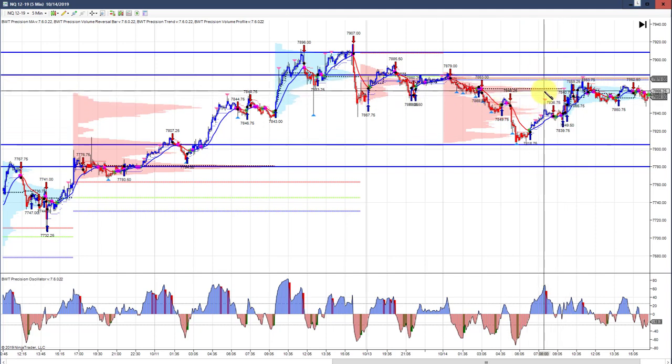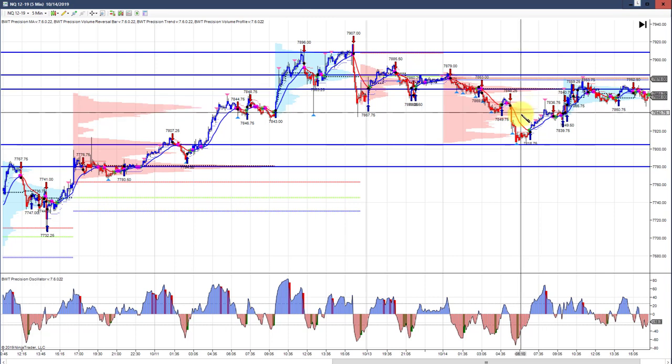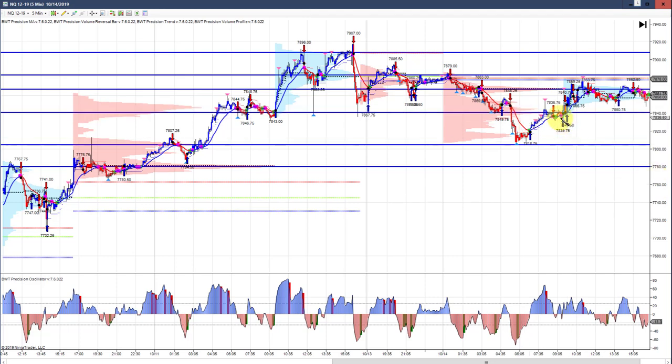And then last night's high volume node right here, which is 78.67, and then this area of high volume in the 78.44, 40 to 44 area. So let's just draw it at 78.40, close enough. And then the low of the session, there's already a line drawn here.